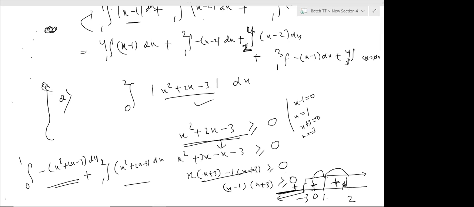Is the answer 4/3? I do not have the final answer of this. If you guys want, I can solve this. Is everyone getting 4/3?